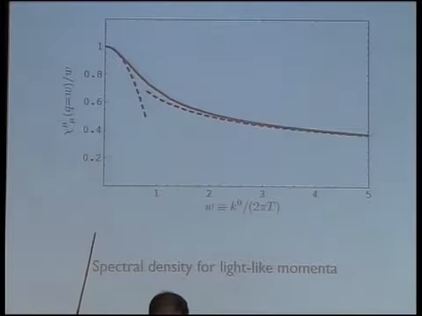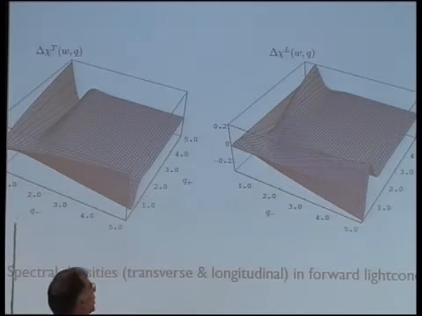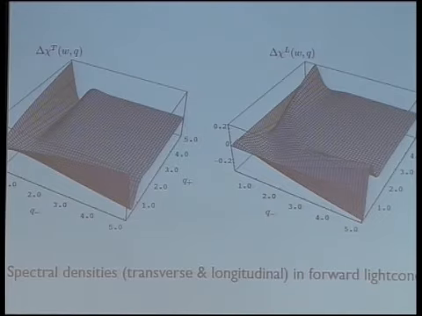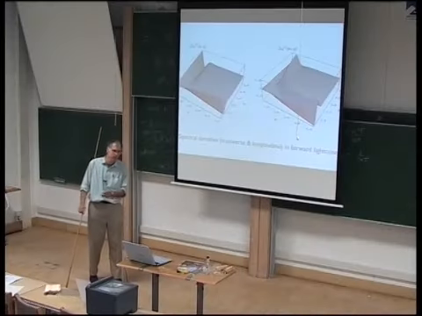Just because it's a pretty picture, I want to show you that if you go and do the calculation I described for time-like four momentum, which is relevant if you want to talk about dilepton production.